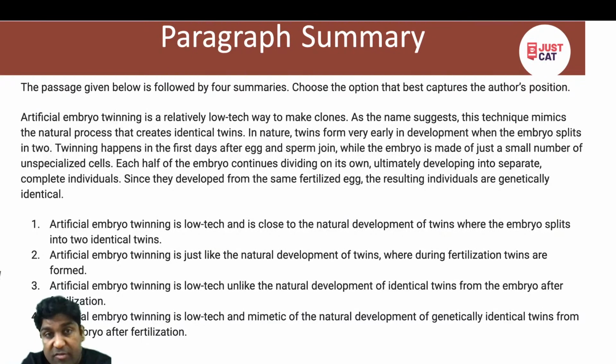Then after the initial division post fertilization, both in the artificial twinning process and in the natural process, the embryo divides into two, and they ultimately develop into separate complete individuals.